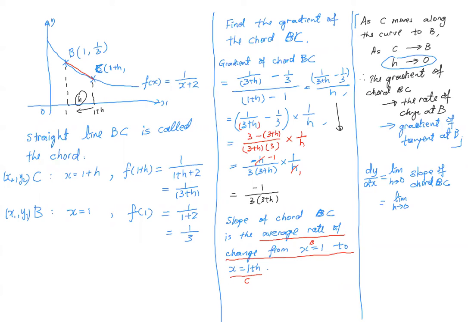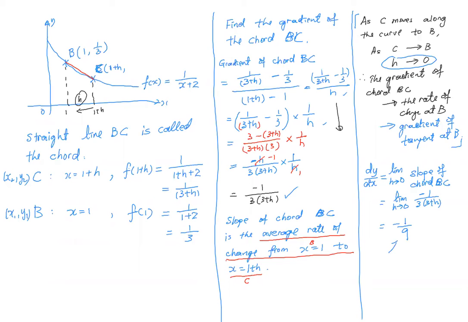Now this is our expression for the slope of the chord. So I write down negative 1 over 3 plus h. So now this is negative 1/9.